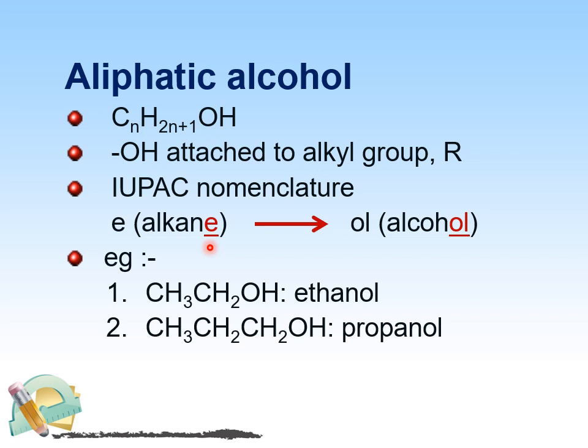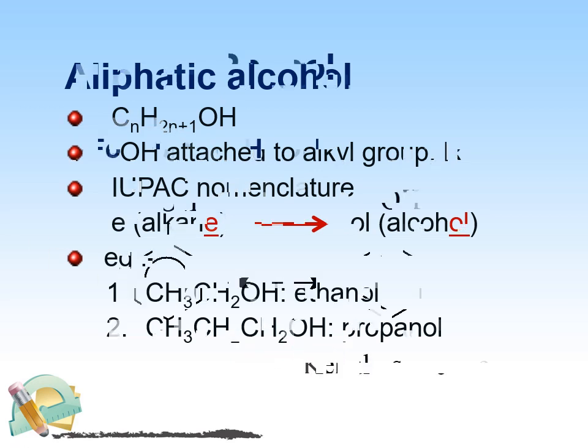For example, if we have ethane and we add an OH group to it, we are going to get ethanol. And if we have 3 carbons, it would become propanol.